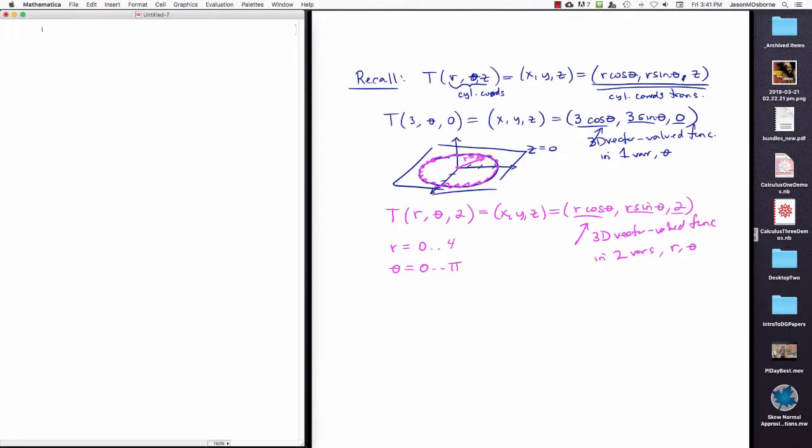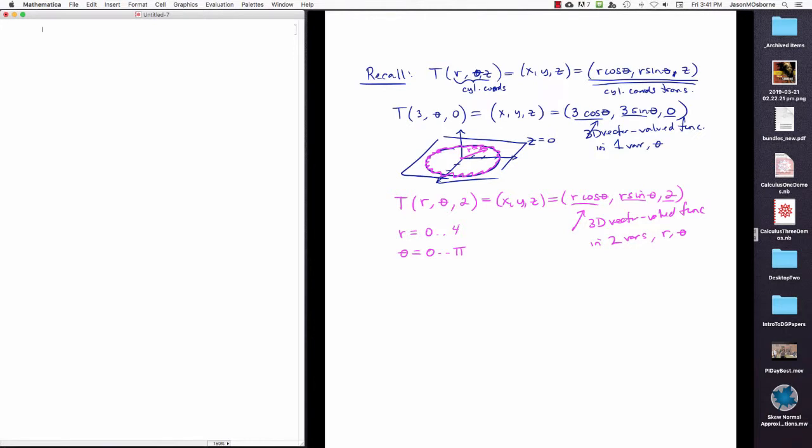Then what you have here, in xyz space, is that z is always equal to 2, so in the z equals 2 plane, something interesting is happening. We knew that r cosine theta, r sine theta described a region in polar coordinates.